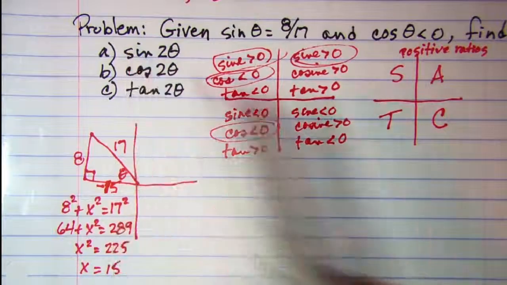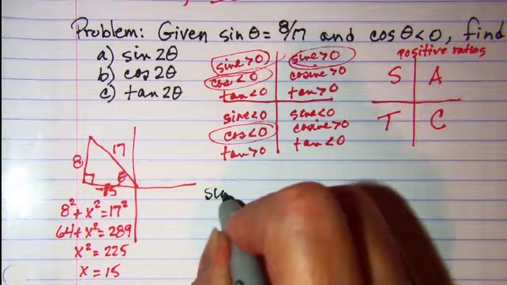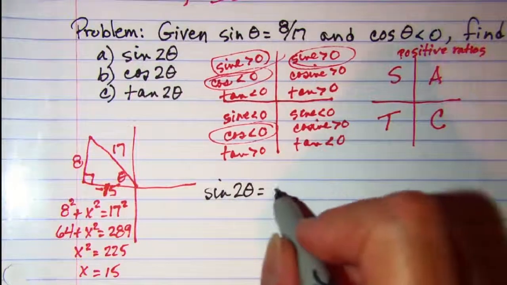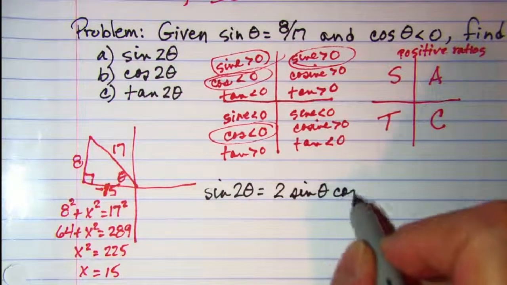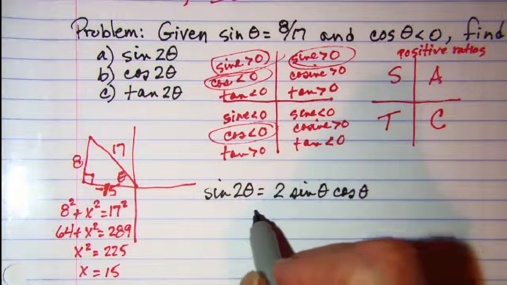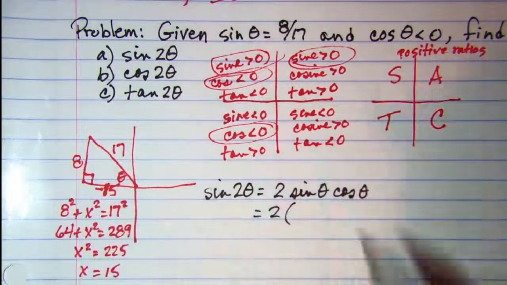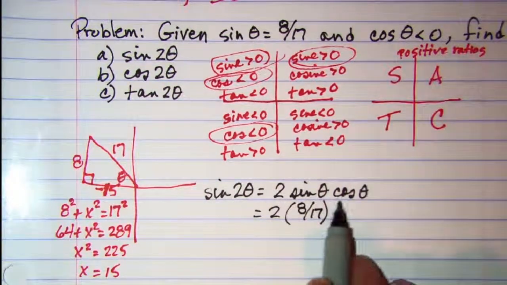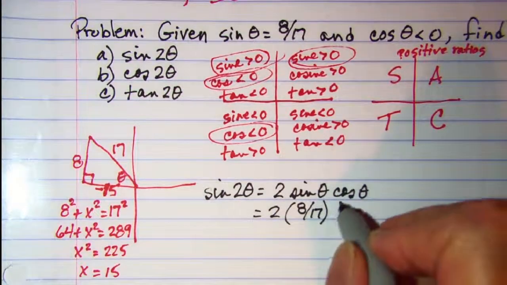Alright, so let's do the A part first. The sine of 2 theta, we know from our identities, is 2 times the sine of theta, cosine of theta. So we have 2 times, my sine of theta is 8 over 17, and my cosine of theta is a negative 15 over 17.